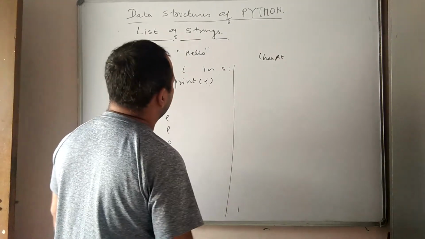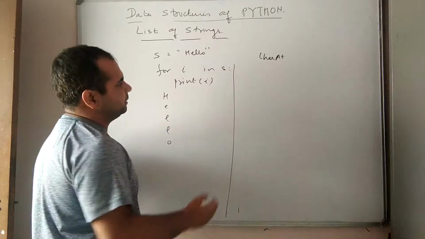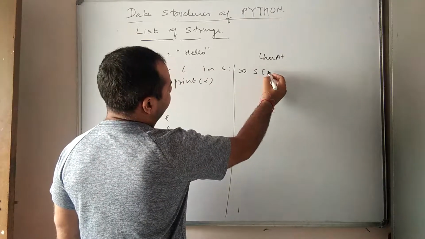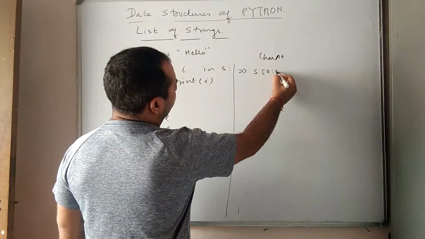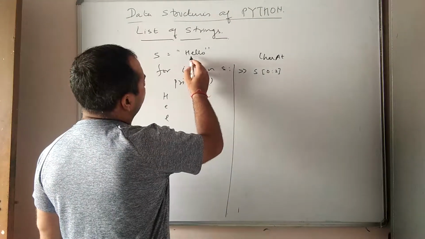Similarly, we can also directly slice this string s, like we can use s[0:2].